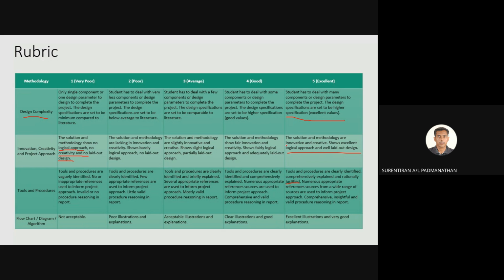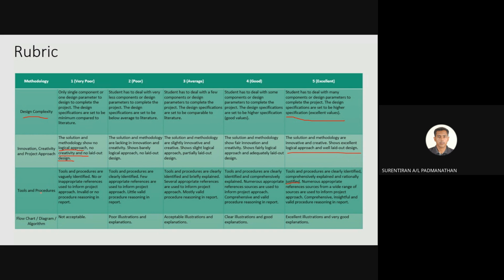For masters, you prove your improvements, like you improve on some things. For PhD, you propose a new solution, a novelty. It will show how innovative and creative, showing an excellent logical approach and a well laid out design. So this is for the innovation part.